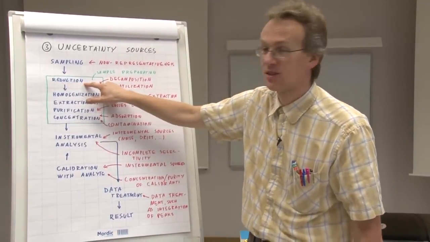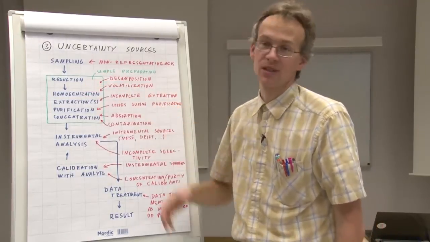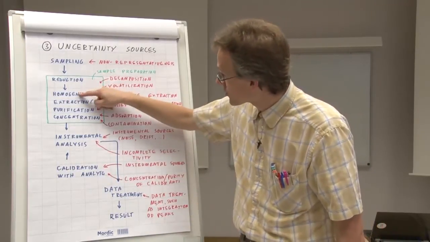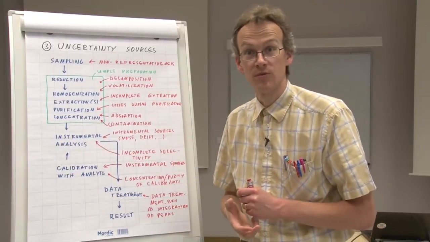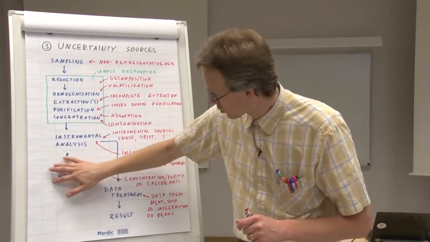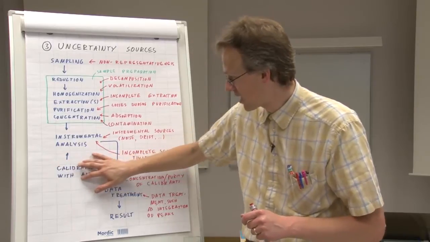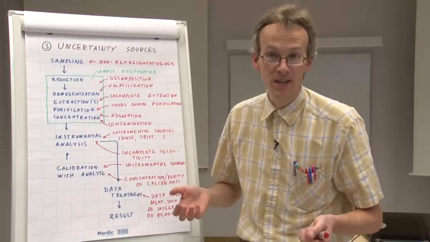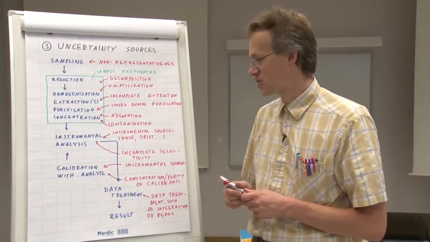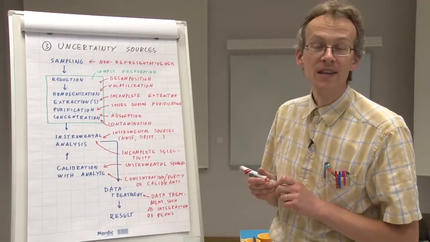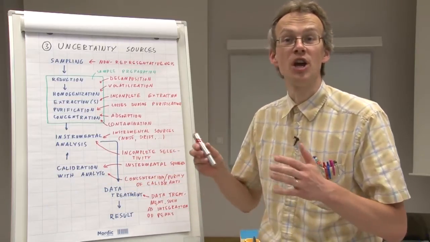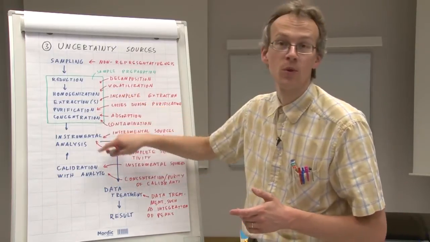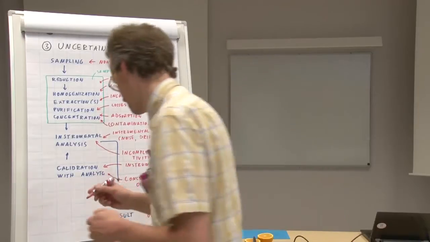After sample size is reduced, it's weighed, and weighing uncertainty is there. Throughout these operations, some solutions are used, and oftentimes volumes are measured. And of course, calibration solutions are made usually by weighing and volumetric operations. So both weighing and volumetric uncertainty sources we can also put here as general uncertainty sources that influence several parts here.